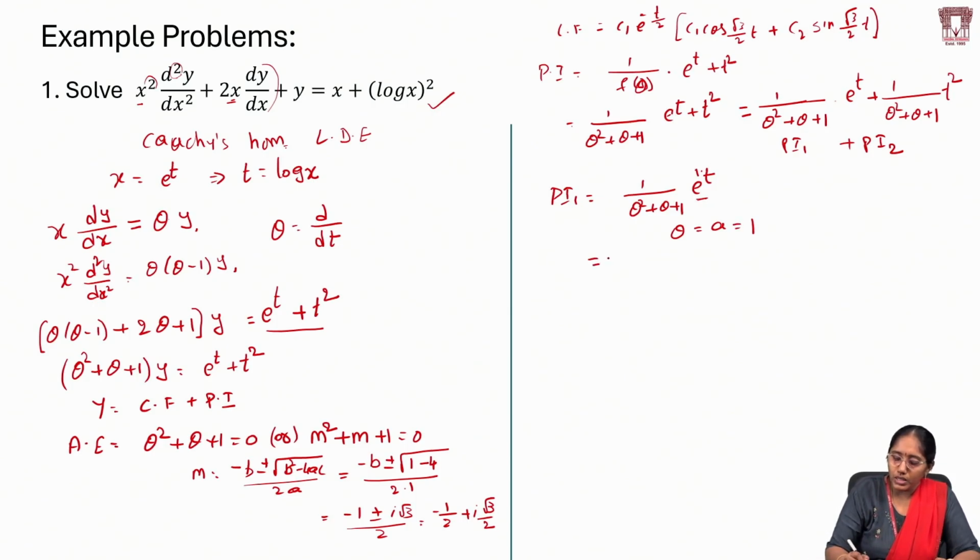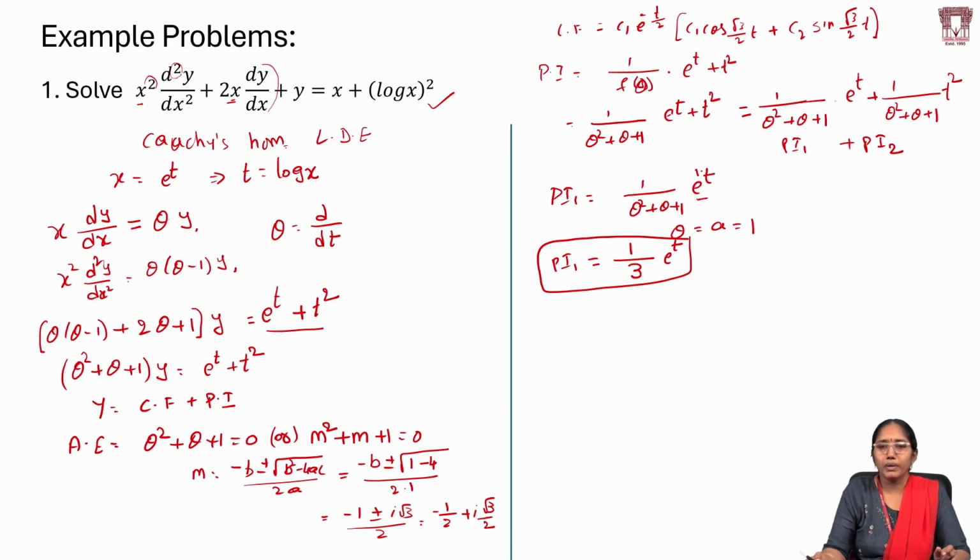If we replace theta with 1, then the denominator does not become 0. Before solving, you can check whether the denominator is 0 or not. Here when we replace theta with 1, you will get 1 plus 1 plus 1, that is 1 by 3 times e power t.